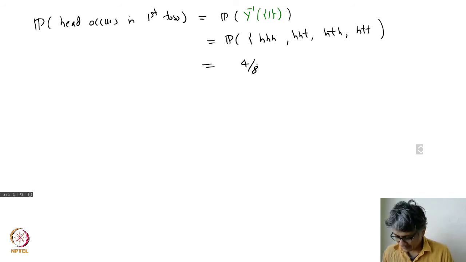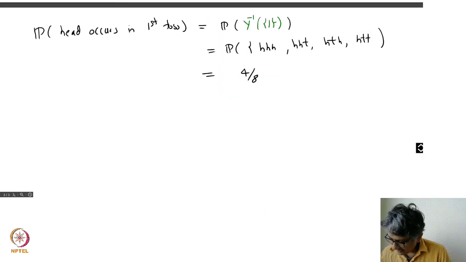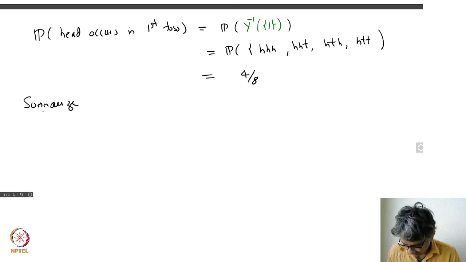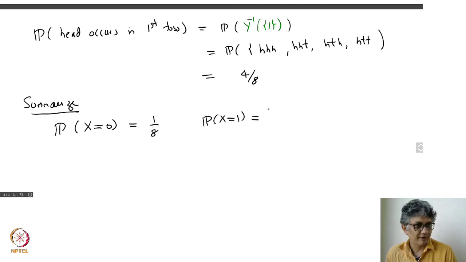Once you do this whole calculation, which we had to do by hand, let's summarize. What you would get is the chance that x equal to 0, that means there are no heads, is going to be equal to 1 by 8. The chance that x equal to 1, we just calculated, is 3 by 8.